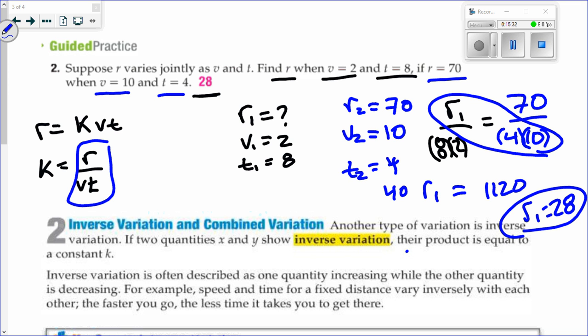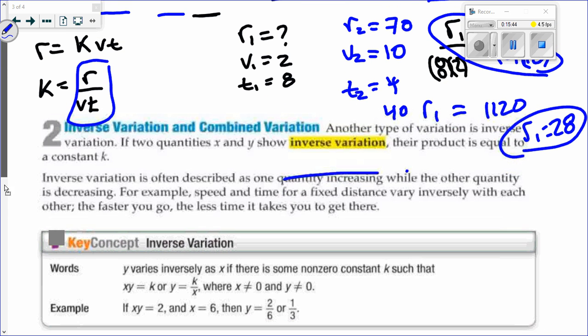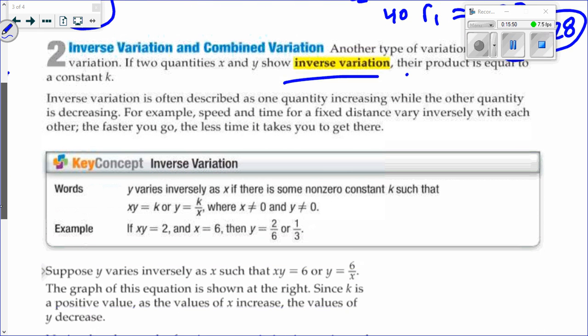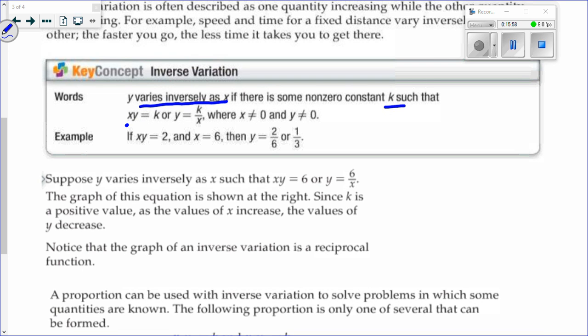All right, let's continue. Look at inverse variation, guys. Inverse variation is the same type of problems. We're going to be looking for unknowns, somehow relating a constant to some unknowns. So, inverse variation: y varies inversely as x if there's some non-zero constant k such that x times y equals k.